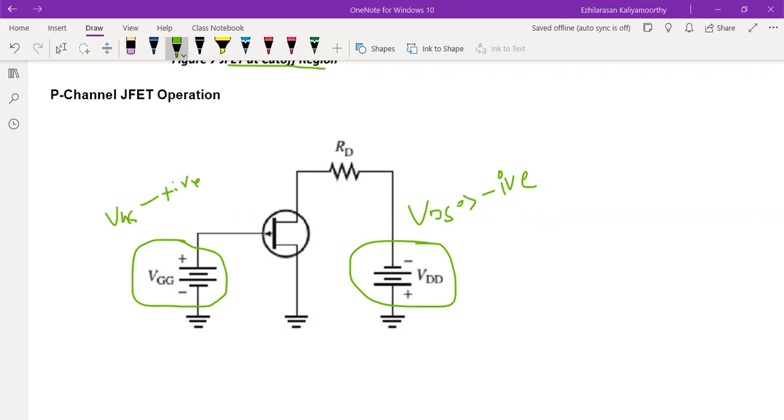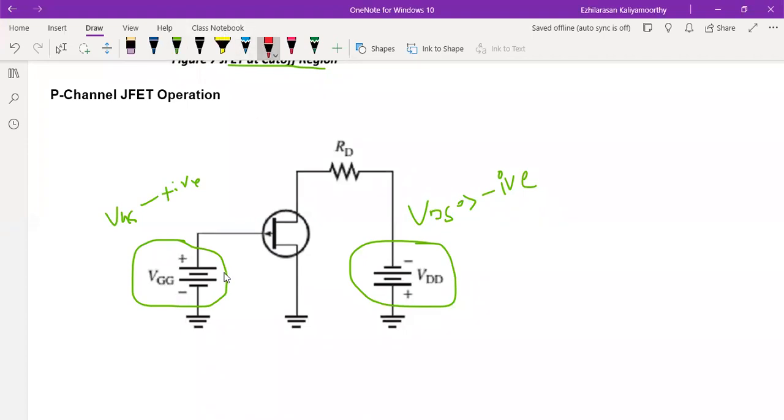However, the pinch off occurs for VDS value less than VP, when VGS is non-zero. So although VP is a constant, the minimum value of drain to source voltage VDS at which ID becomes constant varies with the gate to source voltage VGS. Very, very important thing here: the pinch off will occur when VDS is less than VP.